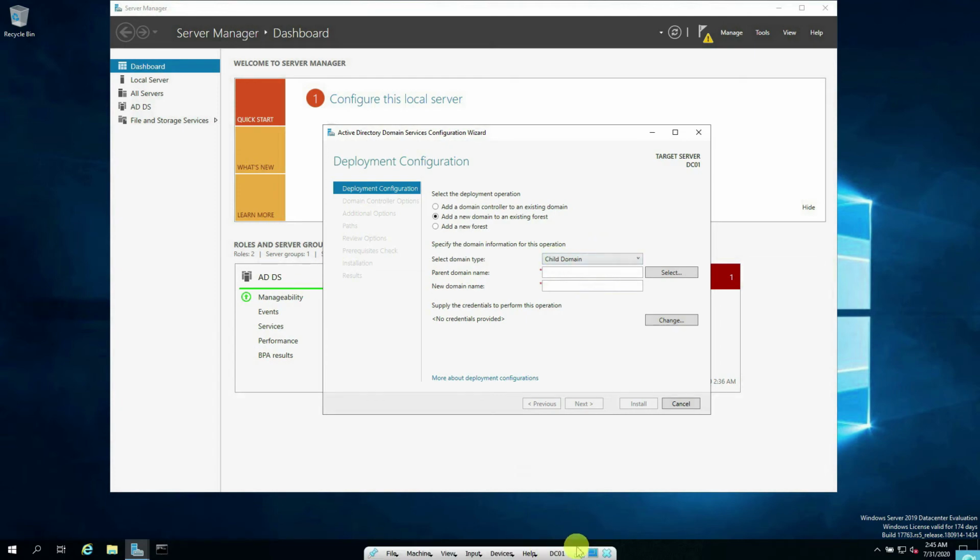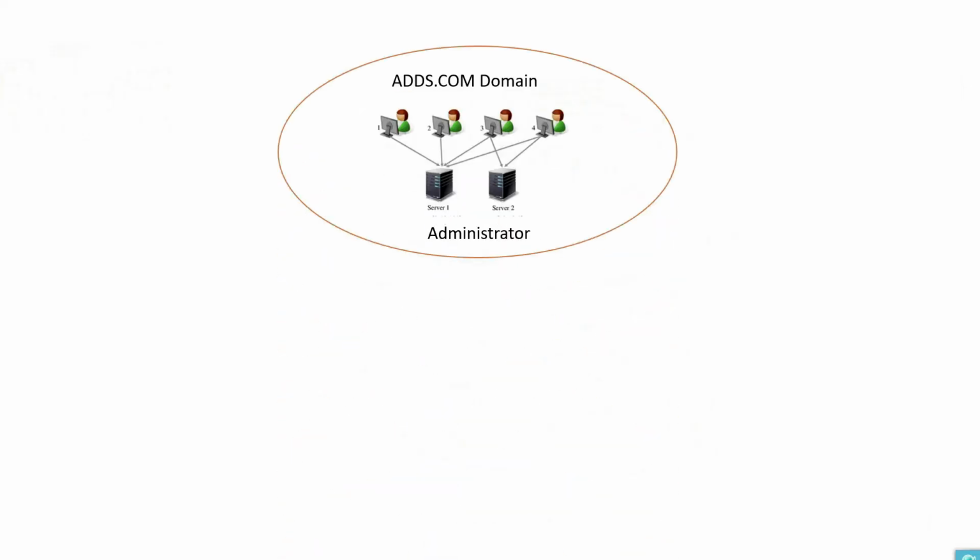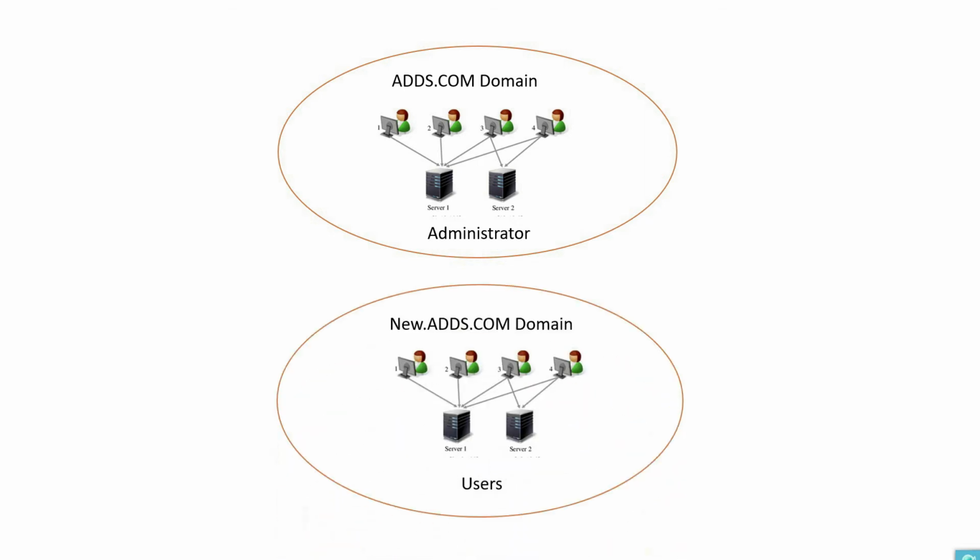We are going to create a domain called adds.com. If the domain already exists, we could create a subdomain or child domain called new.adds.com. And in theory, we could set up this domain called new.adds.com simply to separate our users from administrators who reside in the domain adds.com.